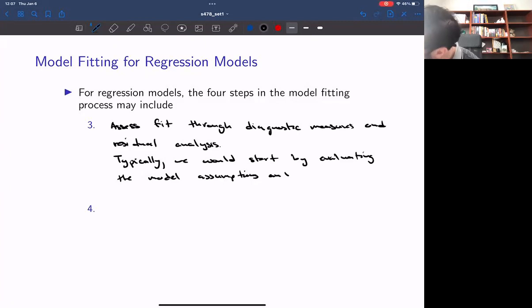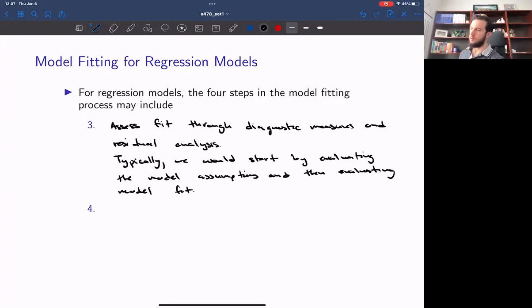Okay. And then evaluating model fit. Okay, and then in step 4 of the process, we're going to look at inference. So this is actually going to be the process of using the model to answer some meaningful questions about the population that we're going to study.